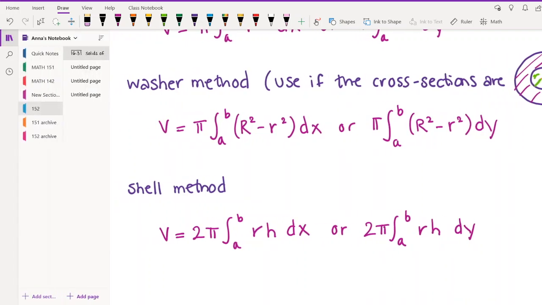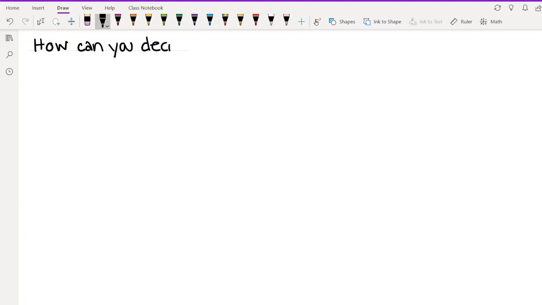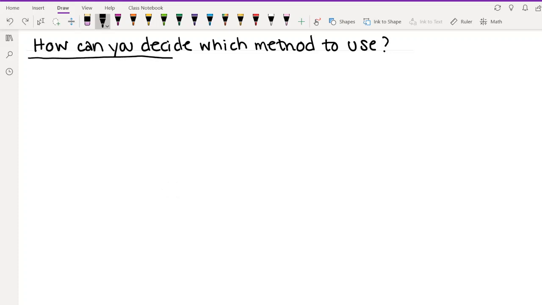Okay, so that's the review of the formulas. I now want to talk about basically how can you decide which method to use. And there are going to be a few different topics that come up here. When I say which method to use, I'm going to be lumping together the disc and washer methods because they really are the same method, and it just depends on whether your shape has a hole in the middle or not.